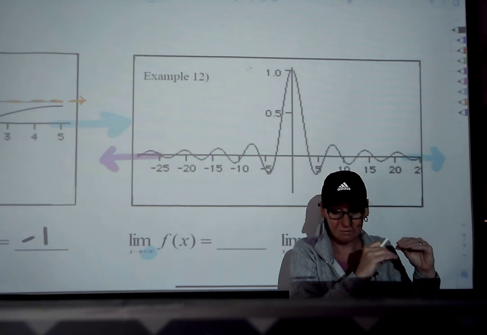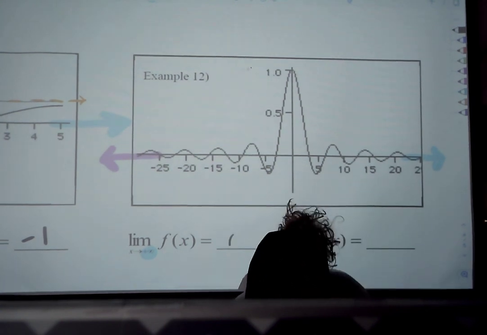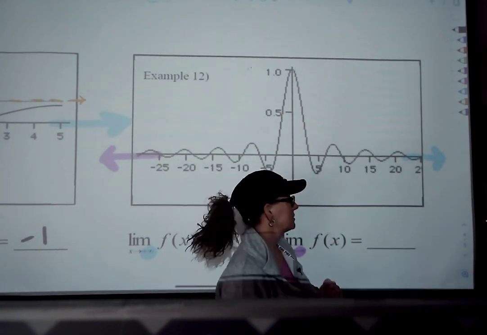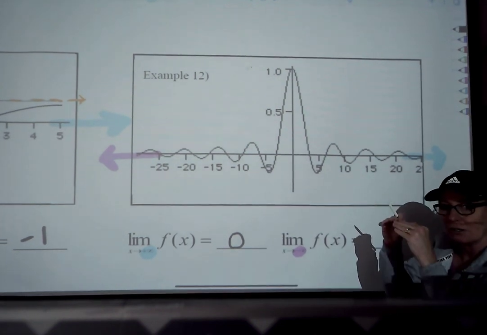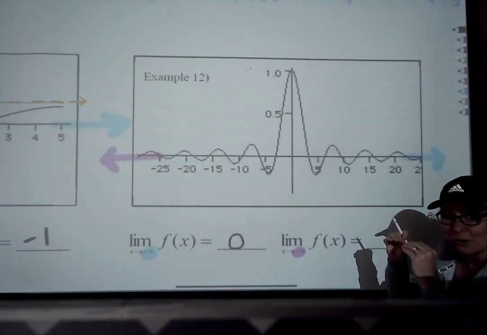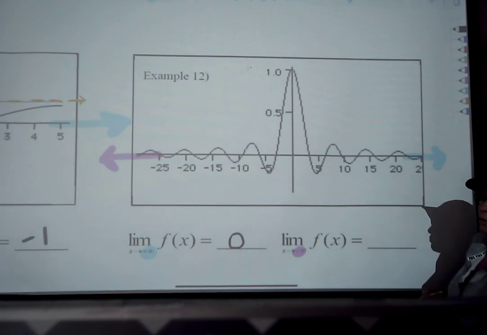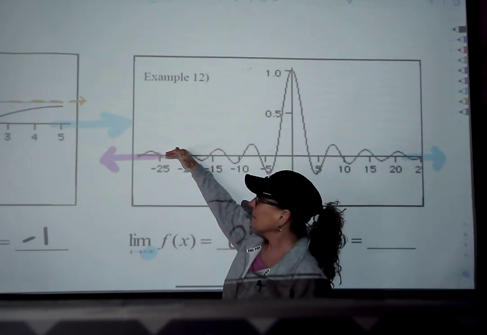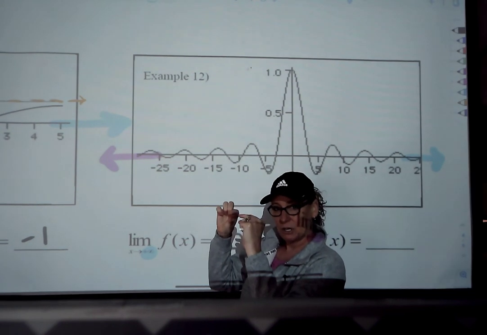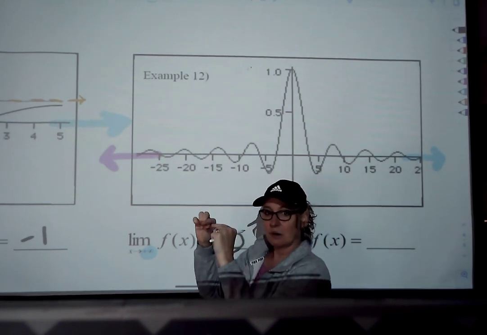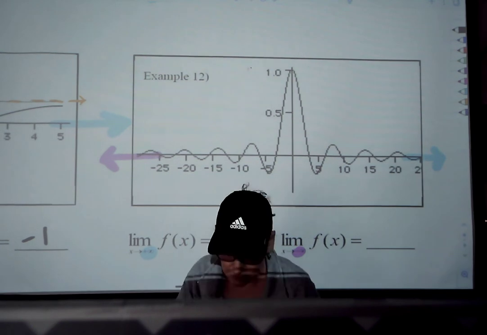I think they are. I think my y values are getting closer and closer to 0. They're going to be a little bit above 0 and then a little bit below 0 and then a little less above and less below. But yeah, they're narrowing in on 0. Same this way. The bounces, the oscillations are getting smaller. It's going to be above and then below and then above and then below. It's getting close to 0.